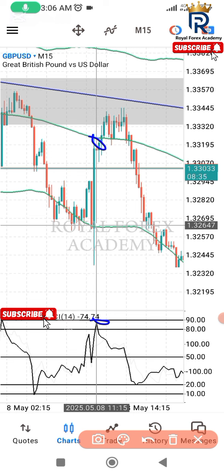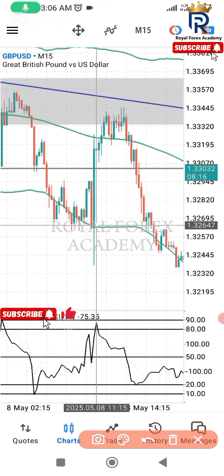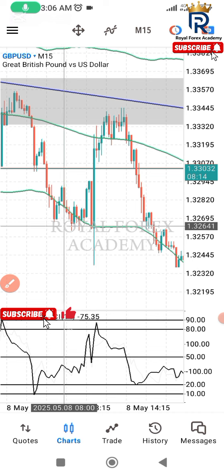So here we have a higher high, right? But look at our indicator window, it's giving us a lower high. So this is divergence, and this is it. So you can see, and it coincides with the middle Bollinger band again. You can see that sniper entry.